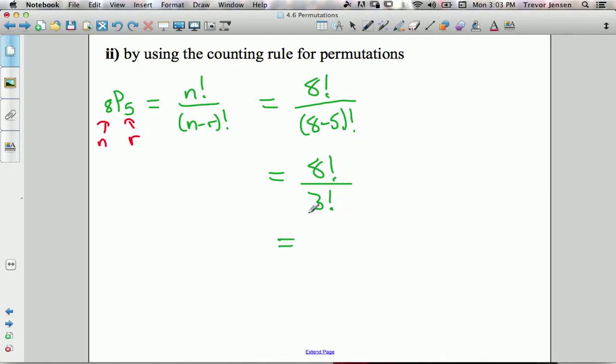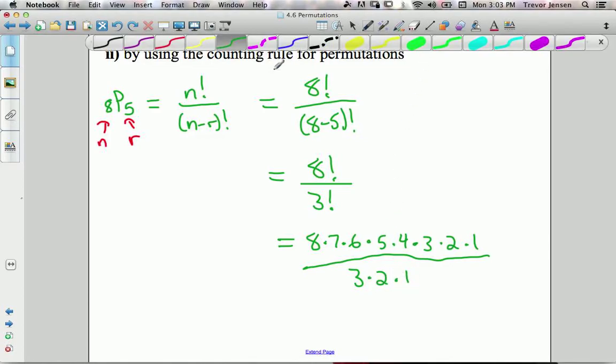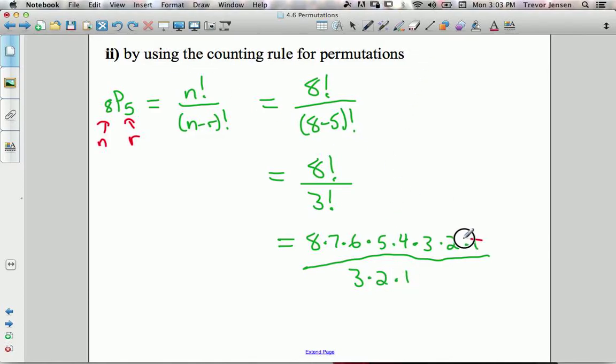Now let's simplify that fraction. 8 factorial means 8 times 7 times 6 times 5 times 4 times 3 times 2 times 1, divided by 3 factorial, which means 3 times 2 times 1. Now let's cancel out the factors of 3, 2, and 1, because I have 3, 2, and 1 being multiplied by each other on the top and on the bottom.